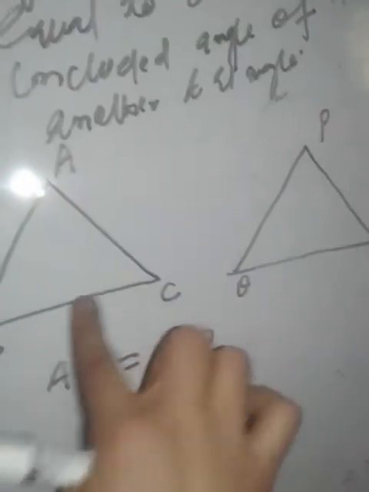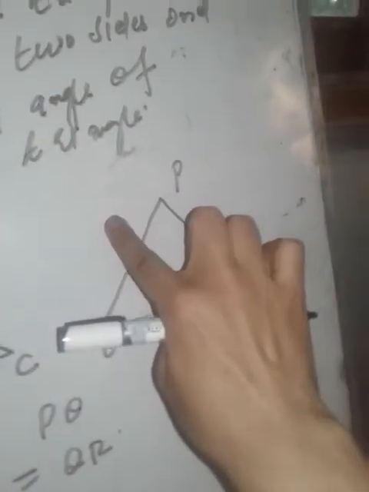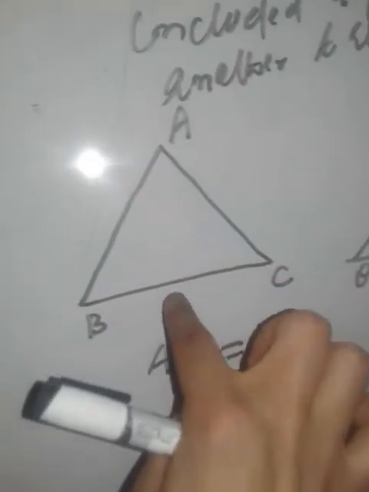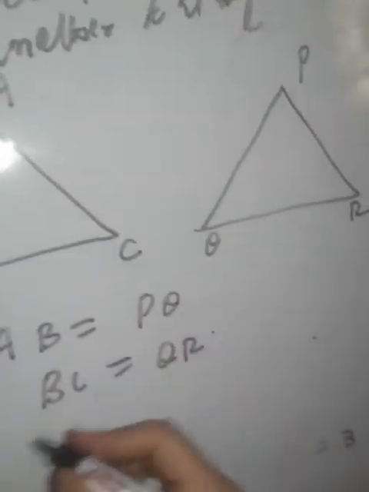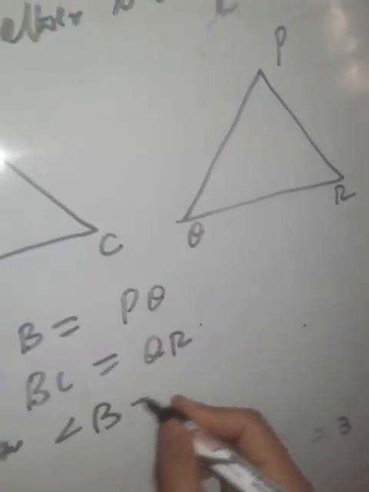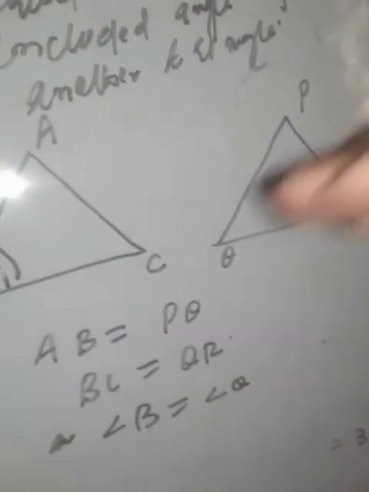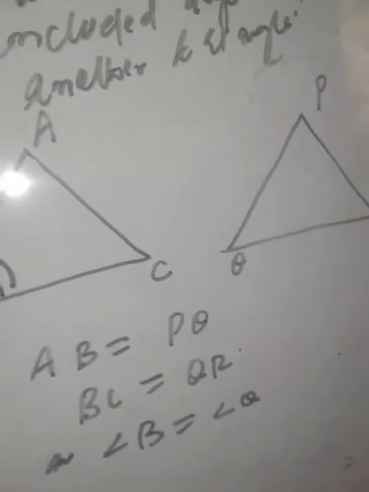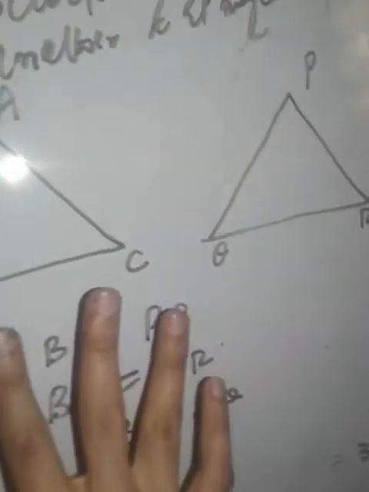Which sides did we include? AB and BC, and here PQ and QR. Between AB and BC, which angle is included? It is angle B. So we write angle B equals angle Q. So you have to choose the angle which is between the two sides that are equal to the corresponding sides of the other triangle. This is the criteria of SAS.